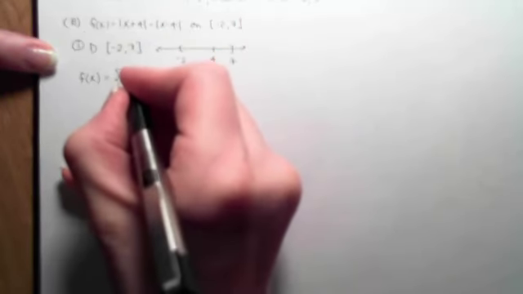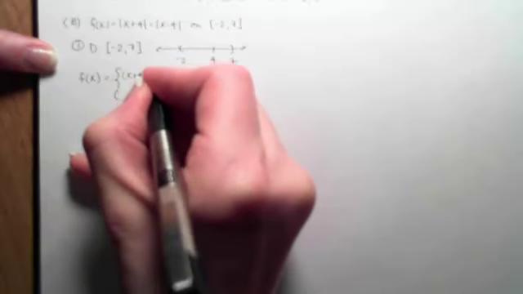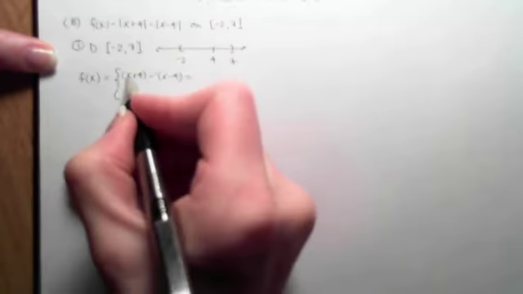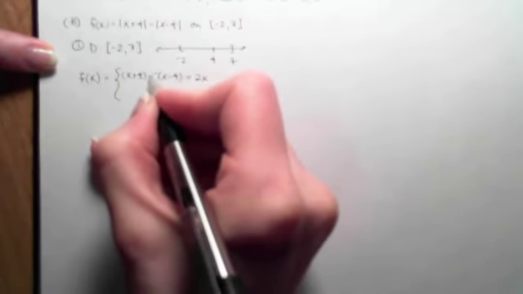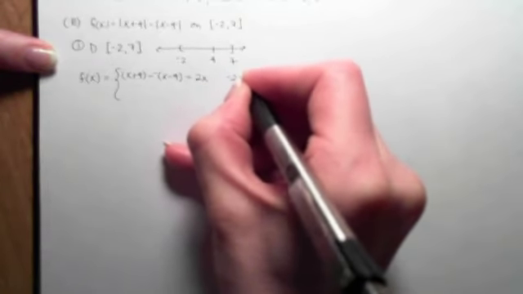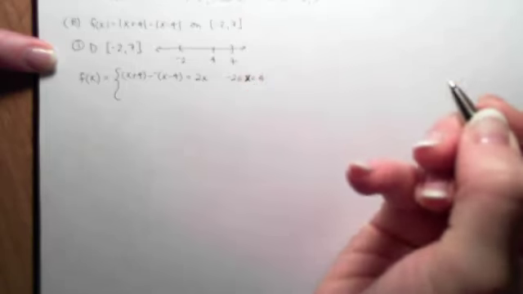This is positive, so it's left alone, and this is negative, so we're going to change its sign. Simplify, we get an x plus an x. We have a 4 minus a 4. This is the case whenever we're between -2 and 4.